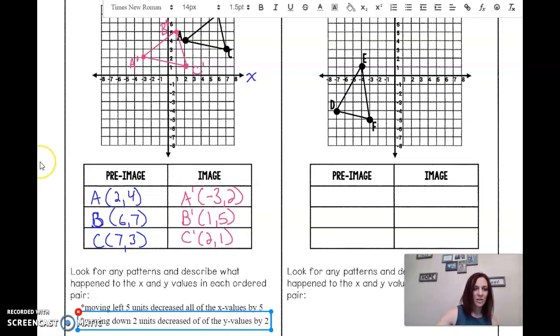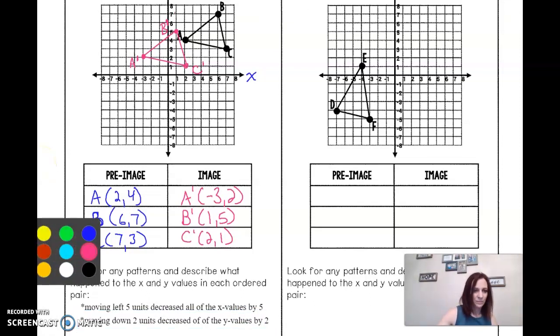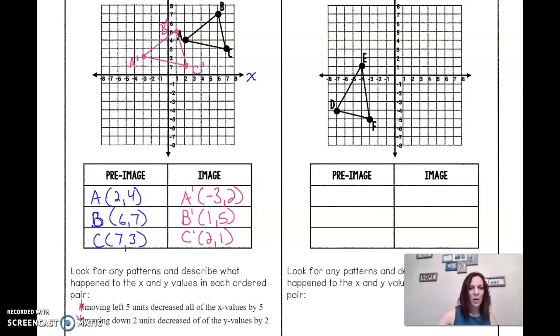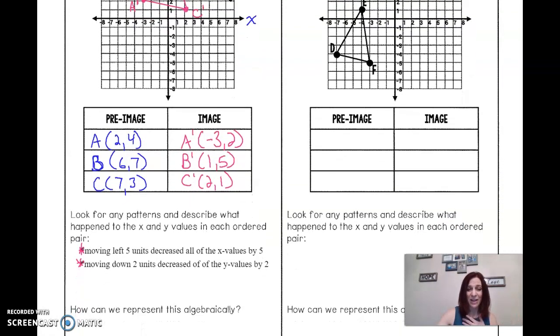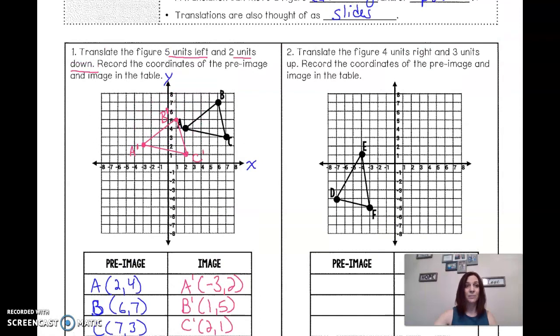All right. So these two things happened. When we moved our points, not only did we move them left, but we decreased our x values by 5, and we decreased our y values by 2. And this is how we could explain it algebraically. We will go over that in just a second.